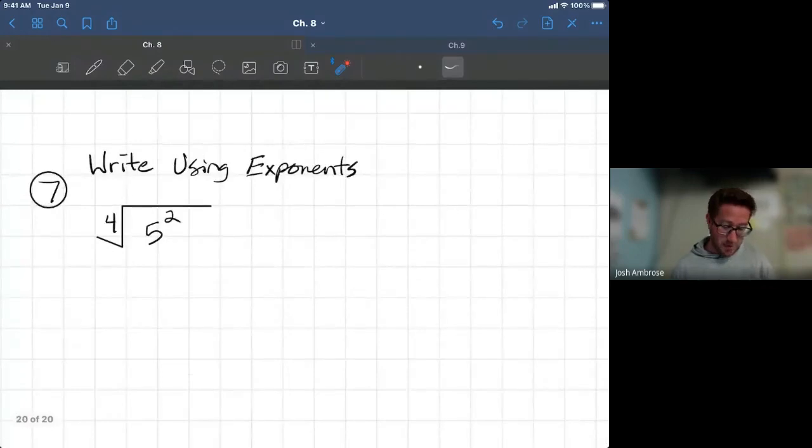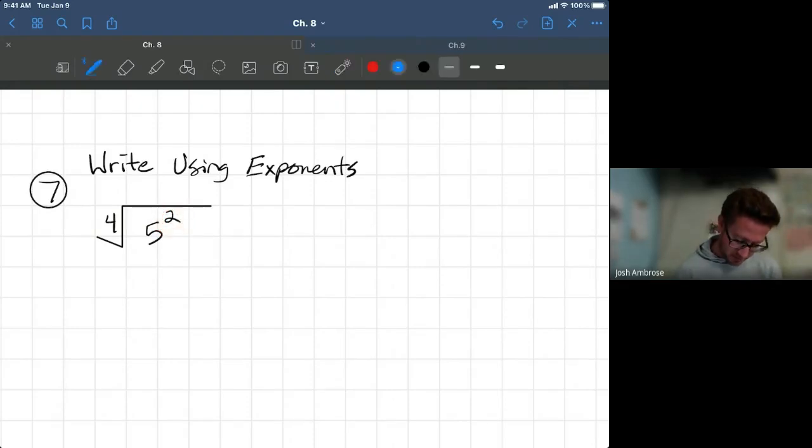All right, now we're going to rewrite this using exponents. So going backwards, the number right here, if there is one, is what's in the denominator of that fractional exponent. The number right here, if there is one, is the top part, the numerator of that fractional exponent.